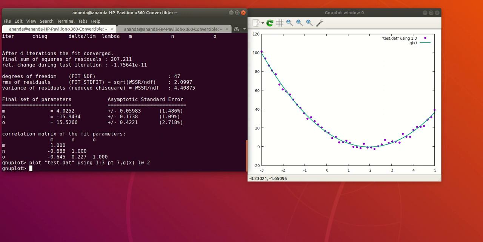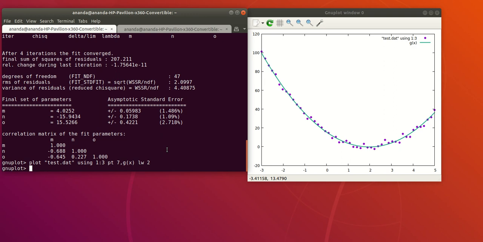By the way, you can actually fit part of the data. For example, if I think that there have been problems here with the data and the region between -3 to -1, let's say, actually represents my actual parameters much better, I might even be trying to fit a straight line to this part.